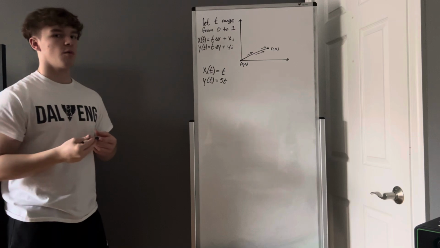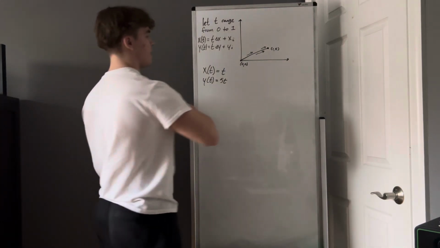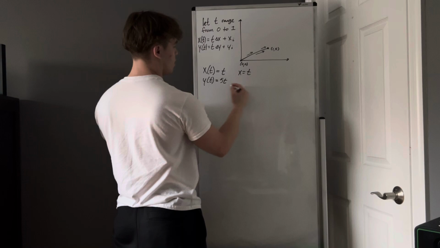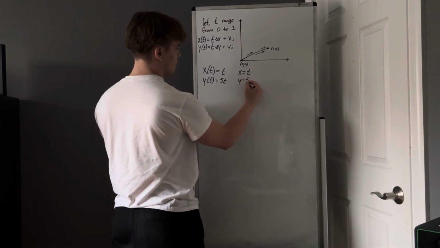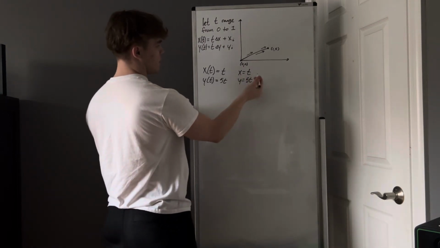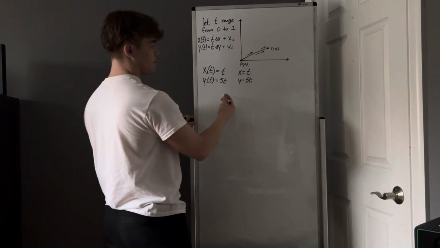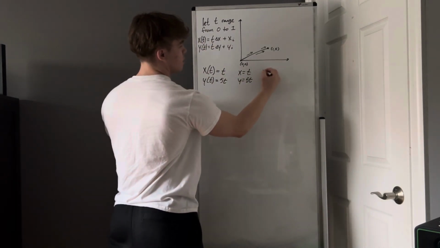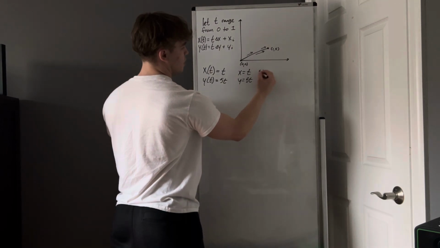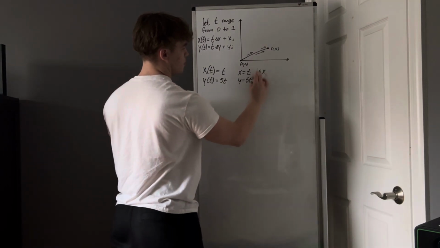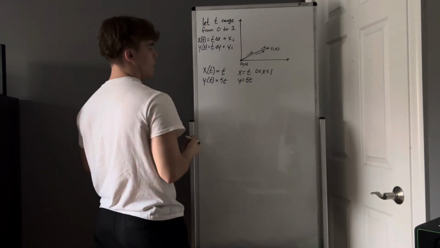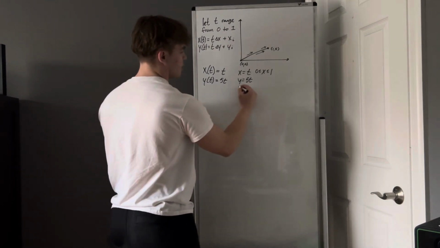And let's just check our work here to make sure. We know x of t equals t, so x equals t, y equals 5t. If x equals t, and t ranges from 0 to 1, x also ranges from 0 to 1. Our y just equals 5x.